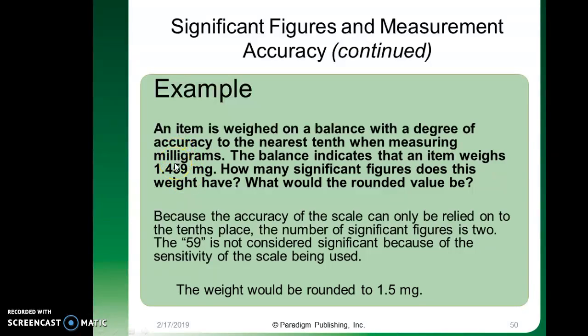Even though our rules, remember, state that any digit is significant, so you would think there would be 4 significant values. But remember, according to the last rule, it depends on the item we're measuring, and in this case, the scale is only accurate to the 10th place. That's the reason why we only have 2 significant figures in this problem. I hope you understand that.